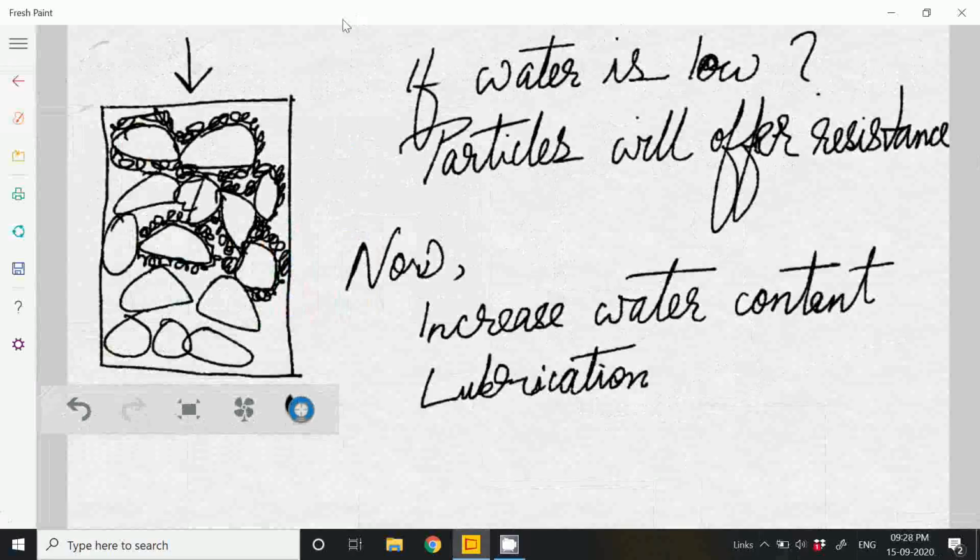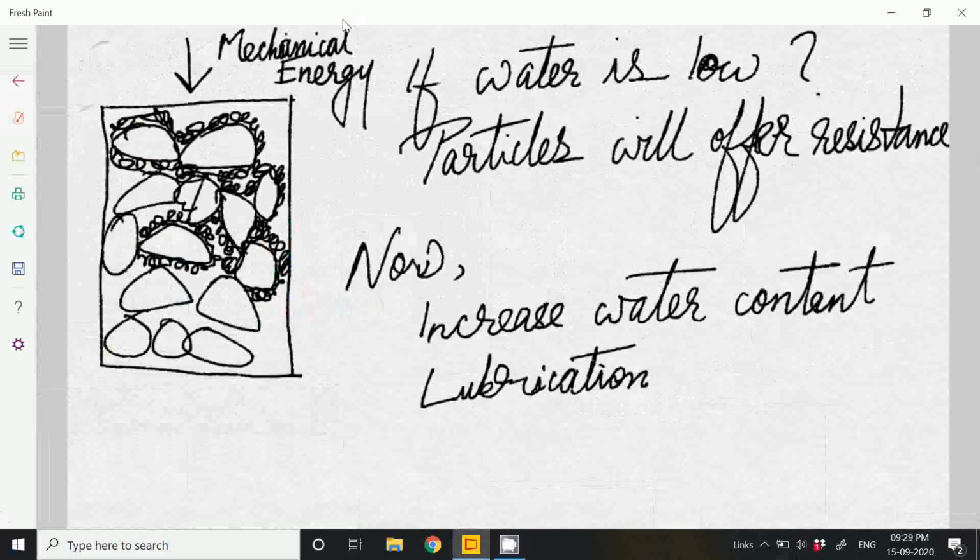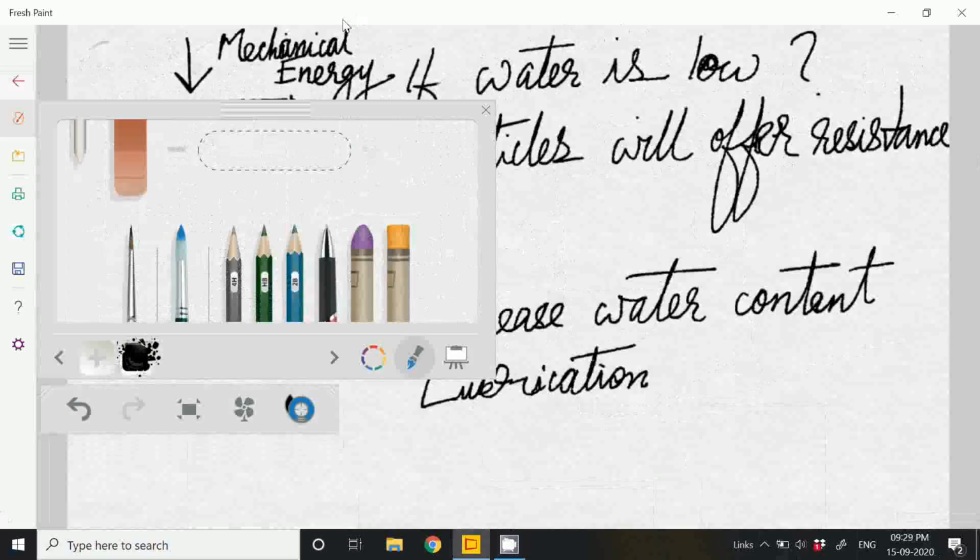So when there is lubrication on the surfaces of the soil particles and you apply mechanical energy, the soil will try to rearrange themselves. I will show you the modified version.